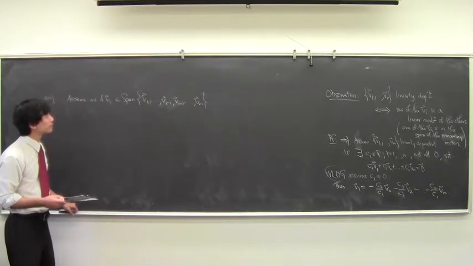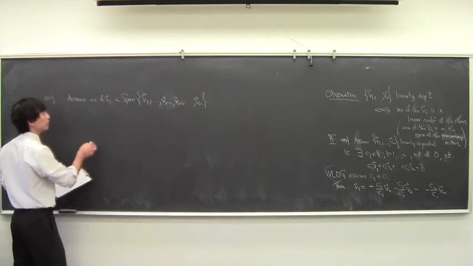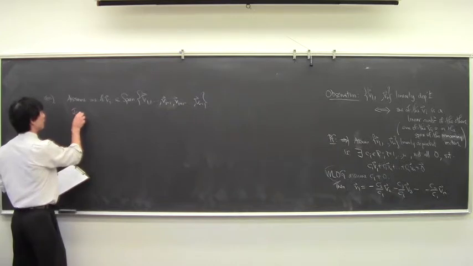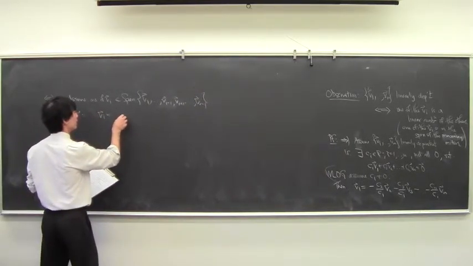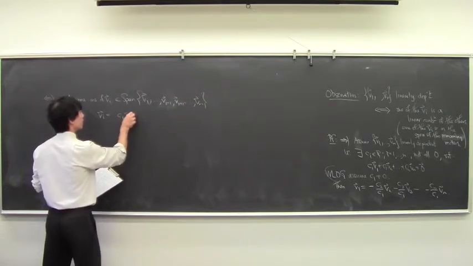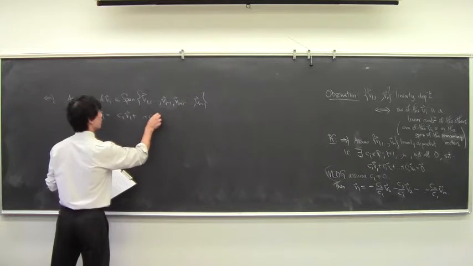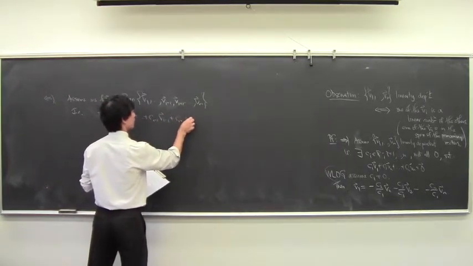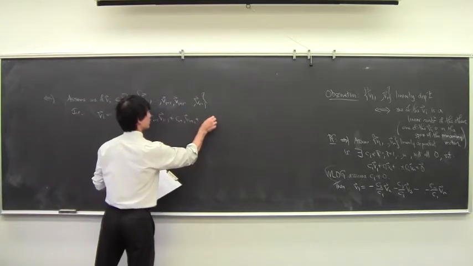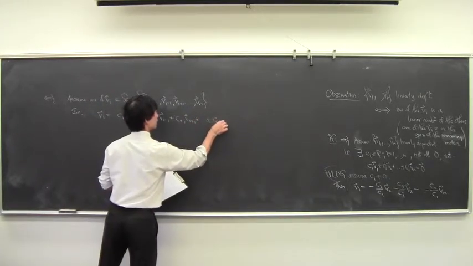So in other words, vi is some combination c1 v1 plus ci minus 1 vi minus 1 plus ci plus 1 vi plus 1 plus cn vn.